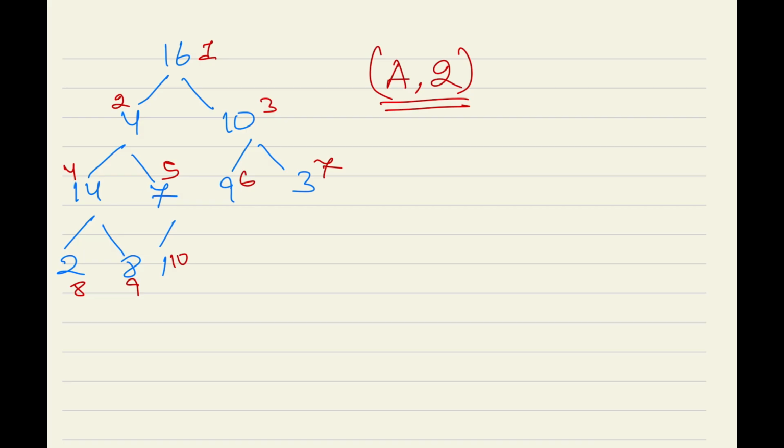In a real life scenario, without going into the formal steps of the algorithm, how can we put this element in its correct position? Here you can see this 4 is less than its children 14 and 7.